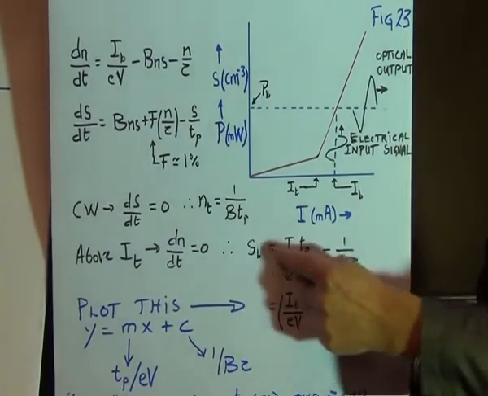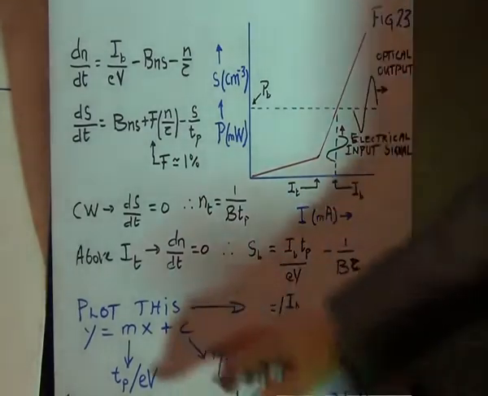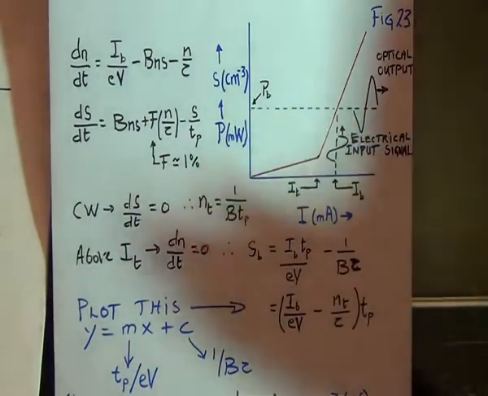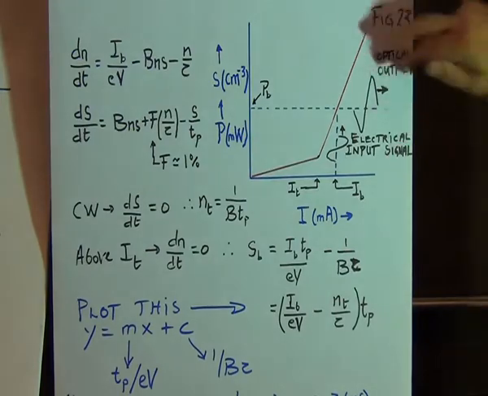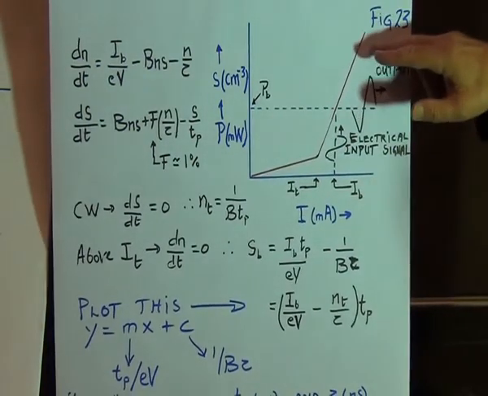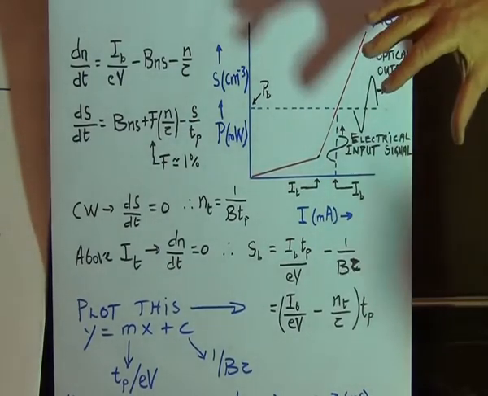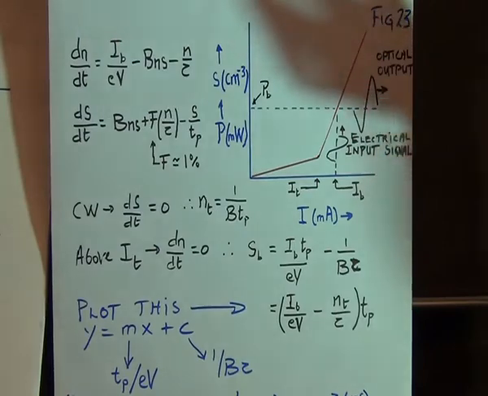Examine that, and you see it has the same form. M is the slope, and c is the intercept. So if you just measure this characteristic curve, right? We use a power meter, and then convert to photons using Planck's law.